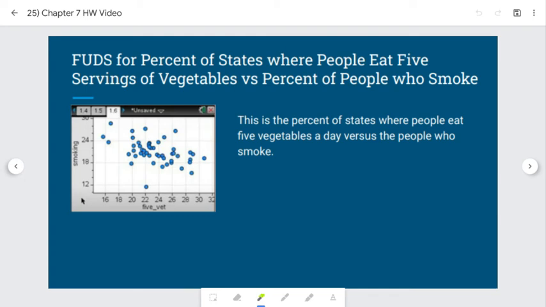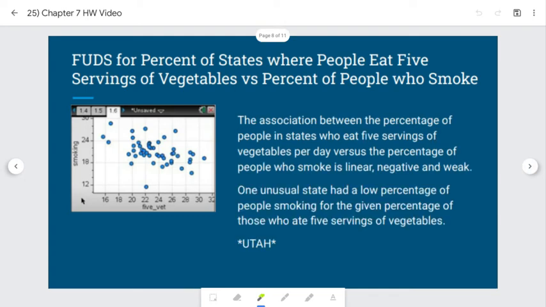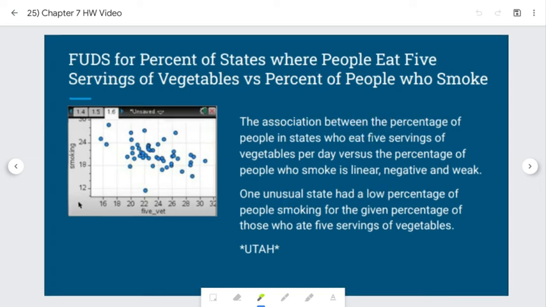It's not even curved as much. So when I'm looking here, the association between the percentage of people in states who eat 5 servings of vegetables per day versus the percentage of people who smoke, even though it's not linear, it's really not curved.